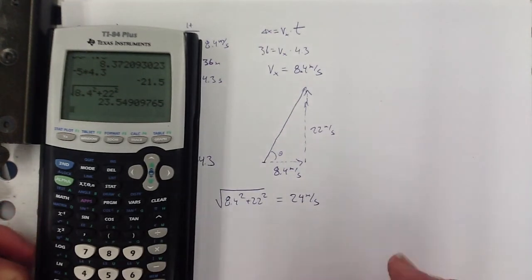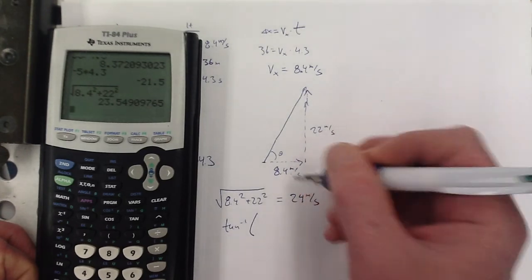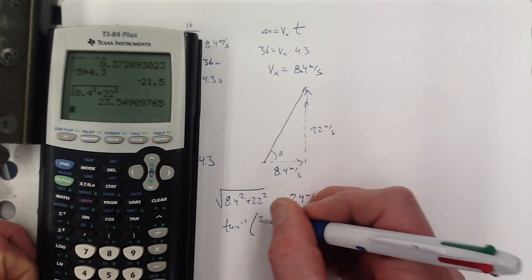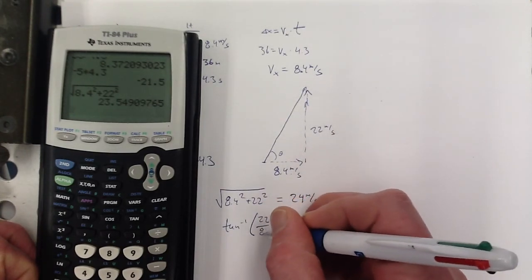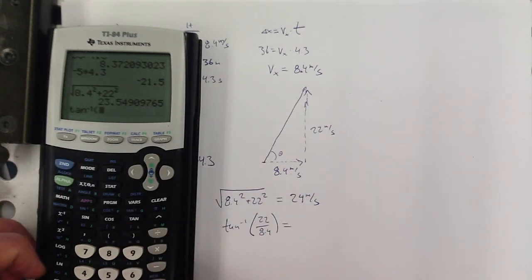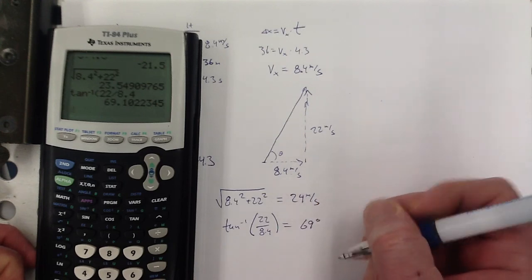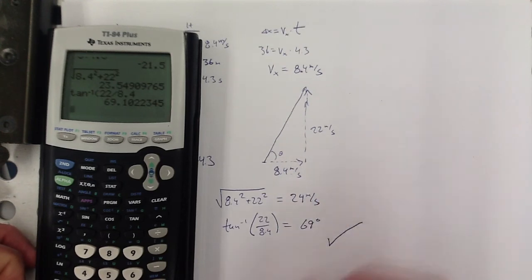And then to find the angle, I need to do tangent inverse, rise over run, y over x. That is 69 degrees. There you go.